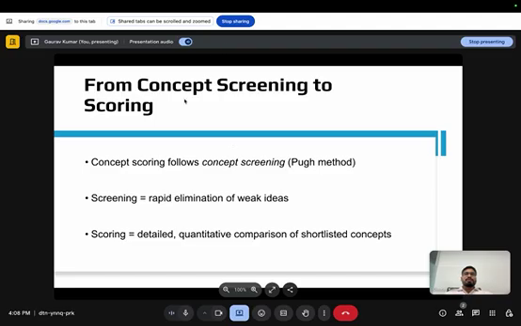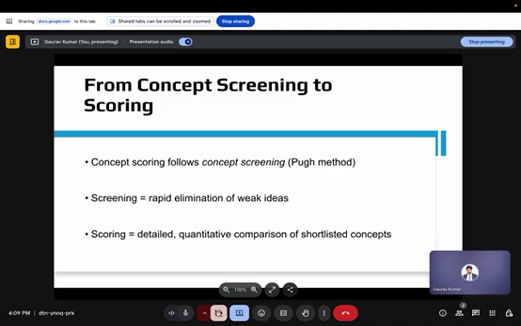So the next is from concept screening to scoring. Concept scoring builds directly upon concept screening, forming a logical continuation of the selection process. Screening, as practiced through Pugh's method, serves to eliminate the clearly weak ideas using quick qualitative judgment. Once this filtering is completed, scoring allows for a deeper quantitative evaluation of the remaining alternatives.